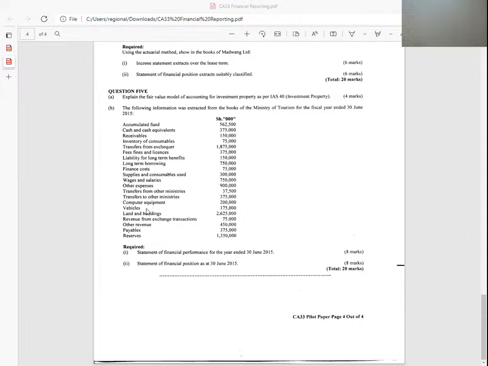How about vehicle, or rather, computer equipment are what? These are assets. The same case with vehicles, they are assets. Land and buildings, they are assets. They'll go to position. How about revenue from exchange transactions? Because the word revenue is there, it has to be performance.